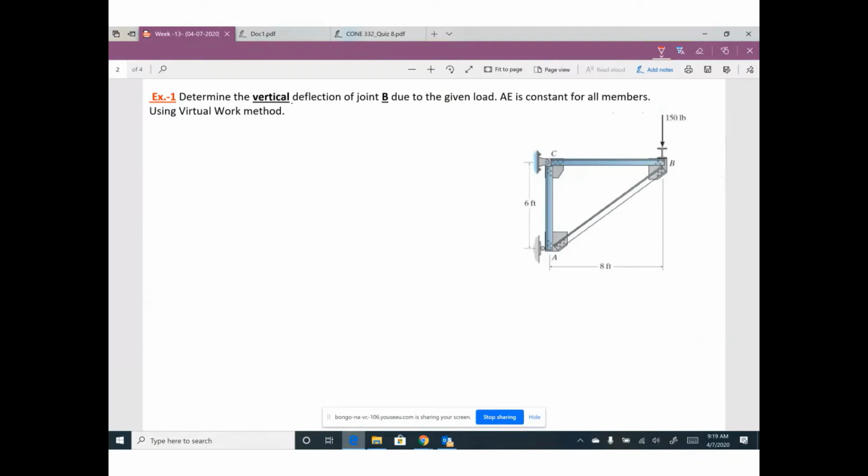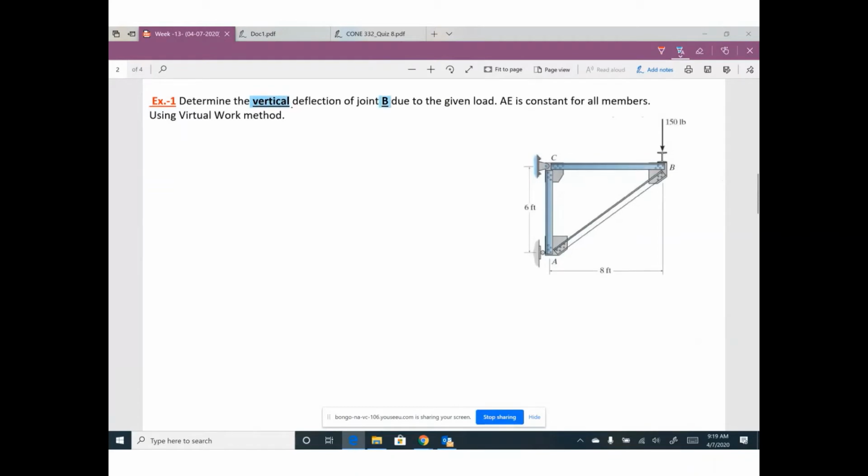In this truss, we are looking to determine the vertical deflection at point B. I think this can answer your question, Burak. The problem asked you to determine the vertical deflection.